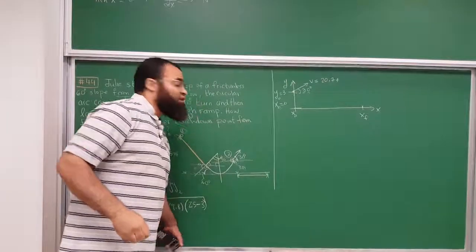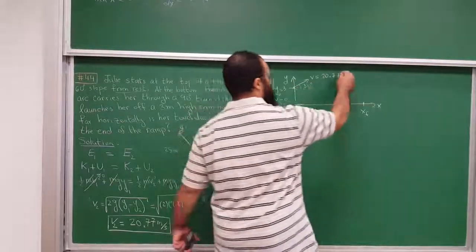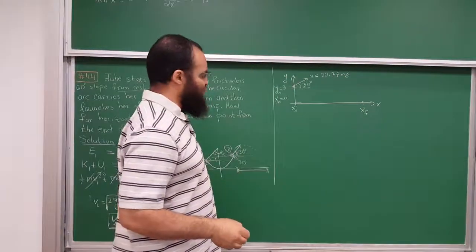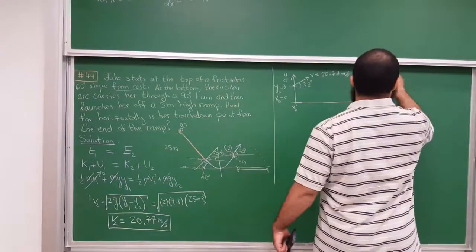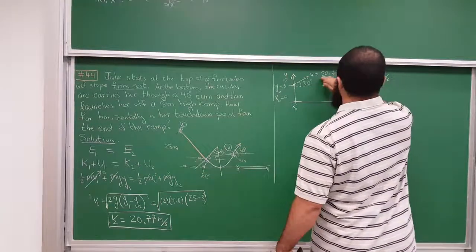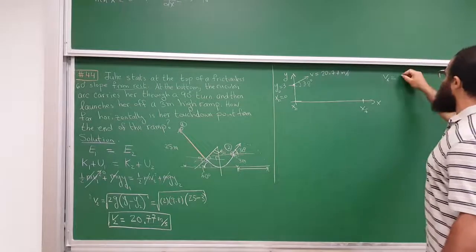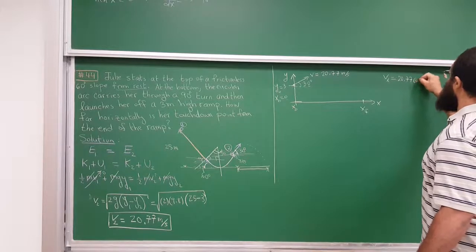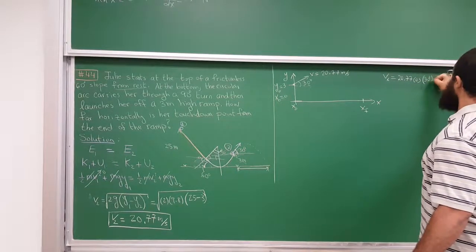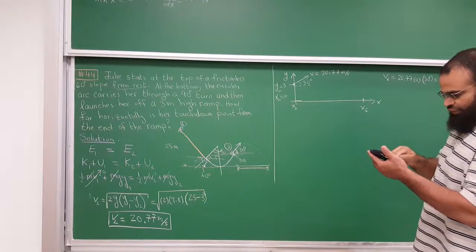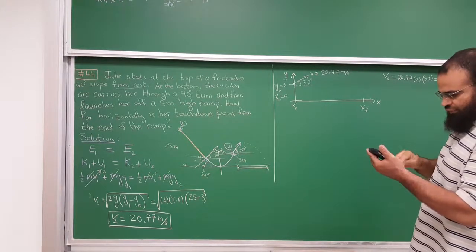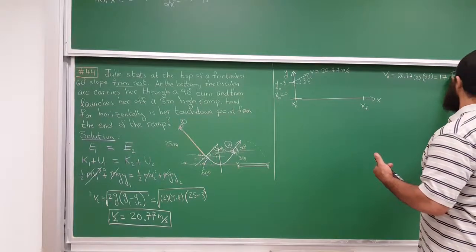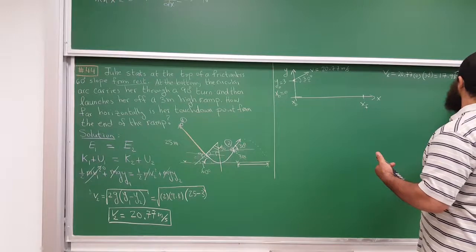So, as you know, this is a kinematics problem now, because the only force acting is gravity. And so we need to find the x component of the velocity and the y component of the velocity. The x component of the velocity would be the velocity times the cosine of the angle. So it would be 20.77 times the cosine of 30 degrees, and that's 17.98 meters per second.